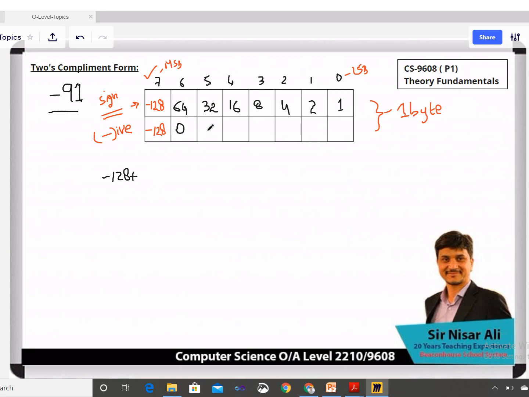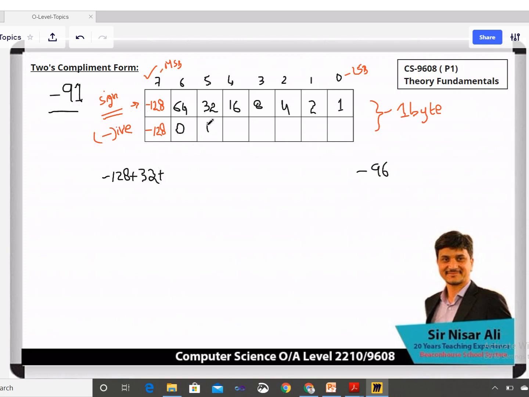Then we'll move to 32, and if we add 32 into it, minus 128 plus 32, the result is minus 96. So minus 96 means we are still a few digits behind minus 91.